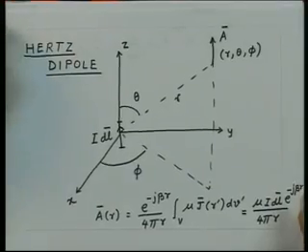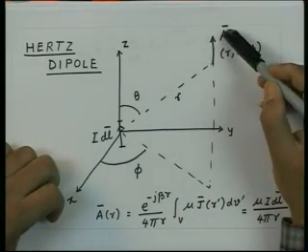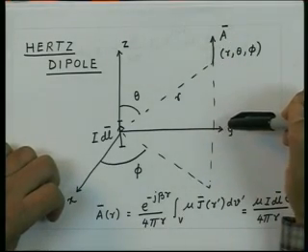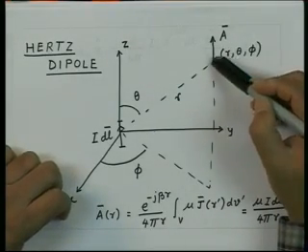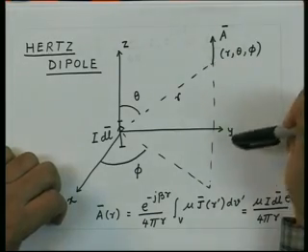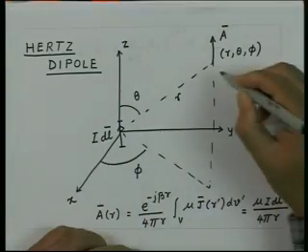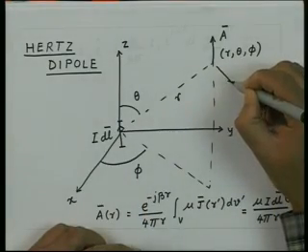Now, since we are talking about the spherical coordinate system and we are going to investigate the fields in the spherical coordinate system, we have to convert this A z component into the appropriate spherical components, that is the r component and the theta component. Note here, if this is a radius vector, this is the direction which is the theta direction.